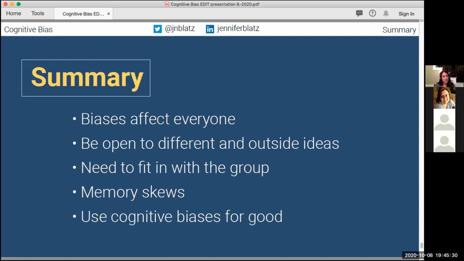We also discussed our human need to fit in with the group, with the cognitive bias like the courtesy bias. We also talked about how our memory can be skewed and we think something we've seen recently, like in the Baader-Meinhof effect, makes us think we're seeing something all the time. And then finally, we talked about some ways to turn that frown upside down and use cognitive biases for good.